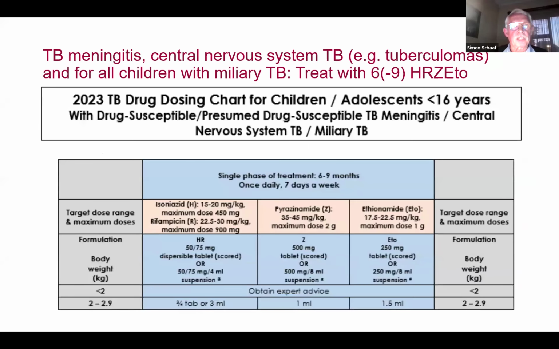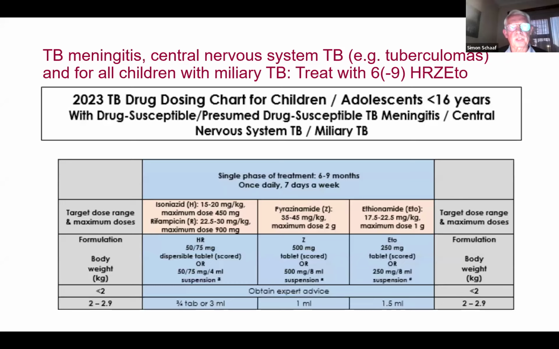Coming to TB meningitis, and that also includes tuberculomas and all children with miliary tuberculosis. And why is miliary tuberculosis included? Patients with miliary tuberculosis have central nervous system involvement in 60 to 80%, and that has been shown in adult studies, and it has been shown in studies with children.